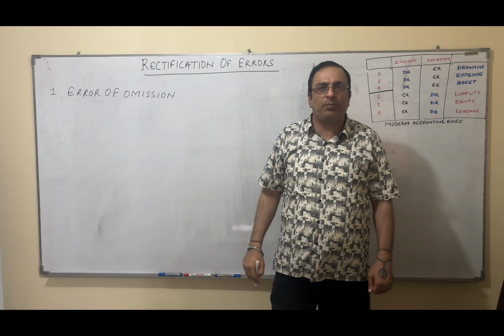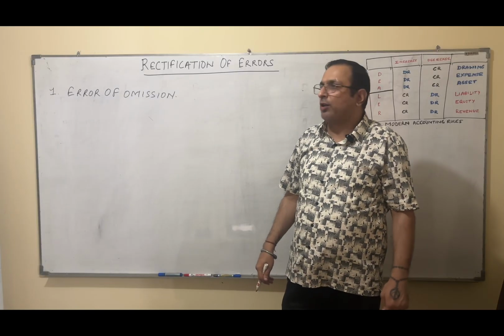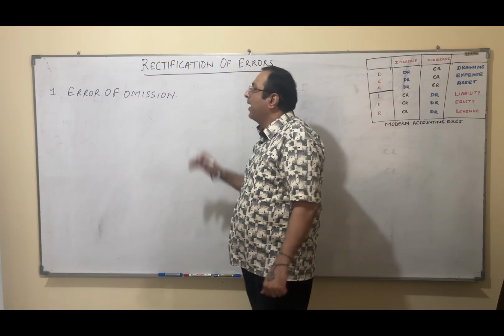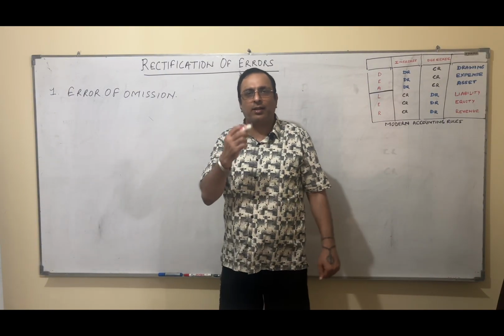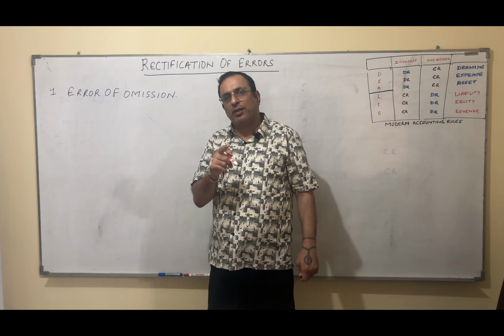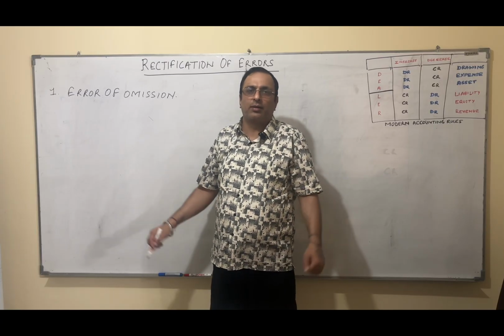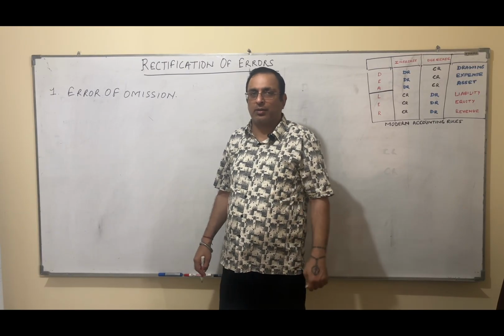Omission. This word means forgotten, missed out. So what does it mean, guys? It means that actually we have not made any mistake, because a mistake is made only if we do something. Without doing it, how can we make a mistake? We have just missed a statement.